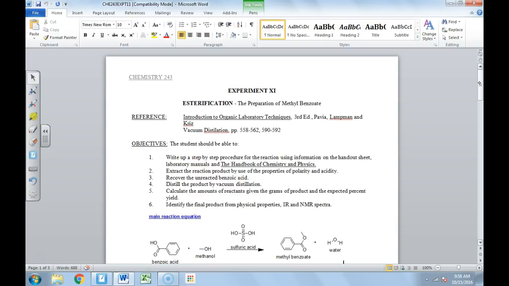Keep in mind that I want this lab to be considered more of a lab practical, even though it's the middle lab, lab 11. I want this lab to be considered a lab where you are showing me how well you can do the chemistry without me intervening or having to answer any questions.